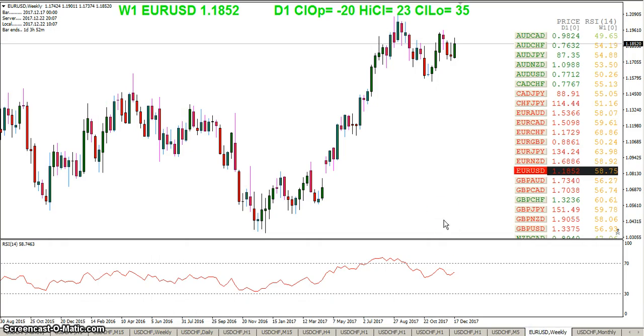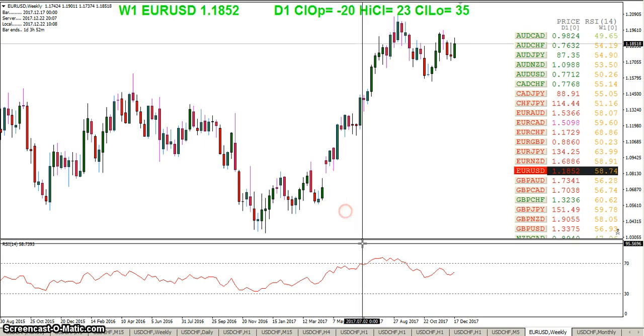So let's just look here at RSI. That was one of the squigglies I used to use. Now, what RSI does is it goes between 0 and 100, and some people say anything over 70 is overbought, and anything under 30 is oversold.